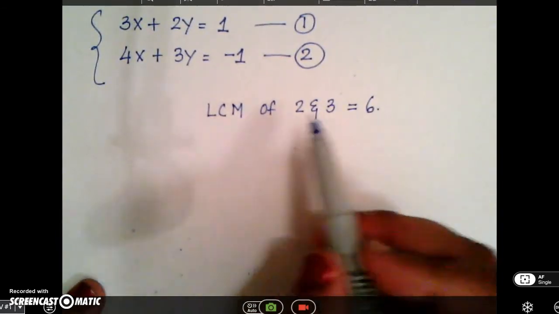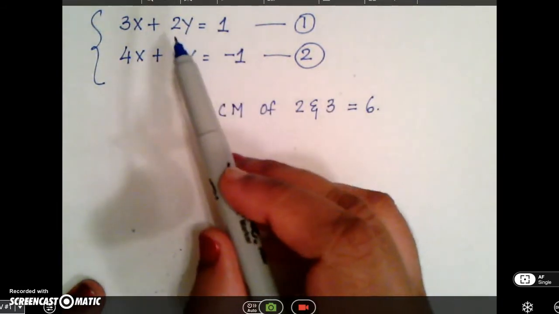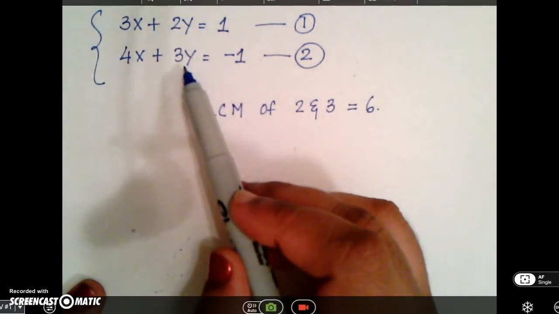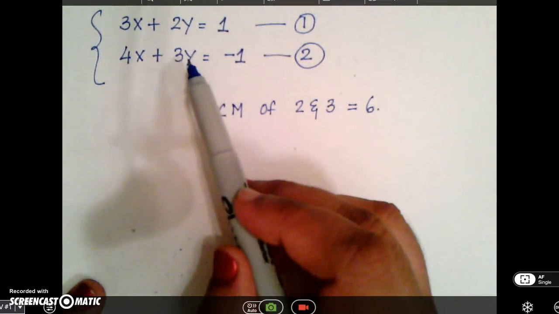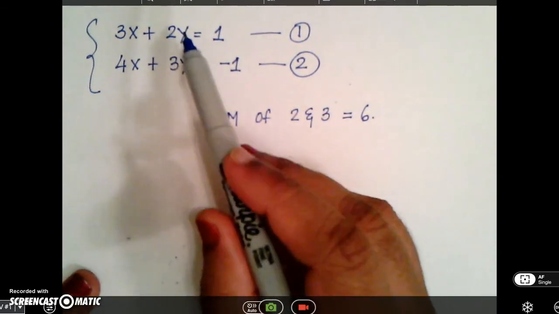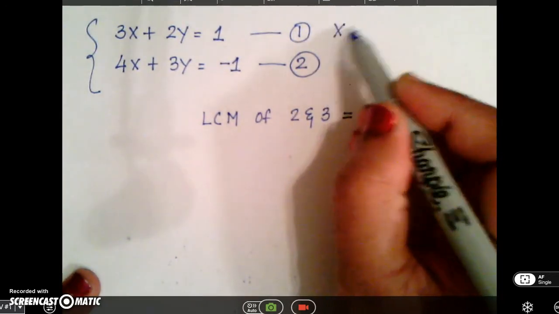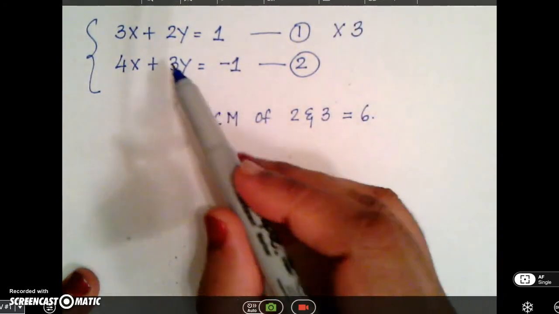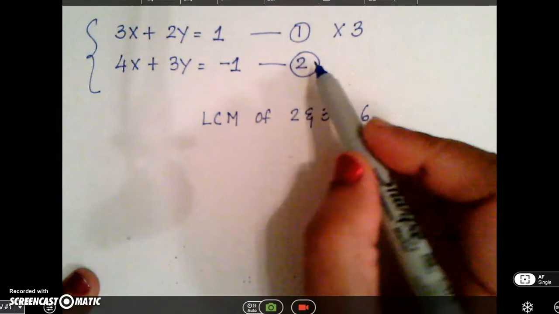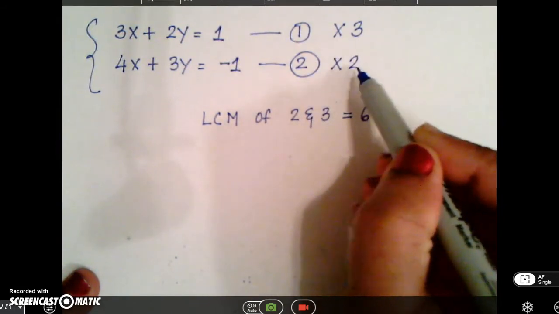Alright. So I'm going to change both of them to a 6 so that I can eliminate that y. So to change that to a 6, I have to multiply the first equation by a 3. And to change the 3 to a 6, I have to multiply the second equation by a 2.